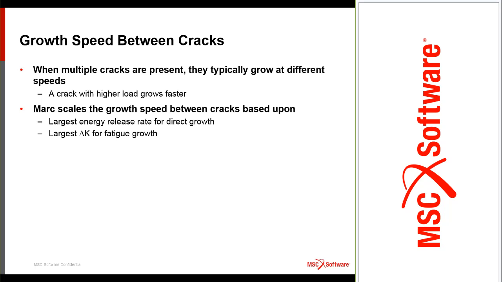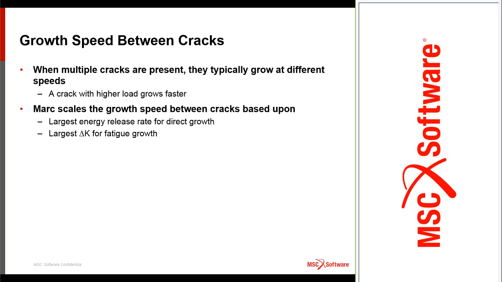And if you use direct growth, we use the largest current energy release rate for the scaling, because the growth in this case is instant. So as soon as you determine that some tips should grow, they will grow, and all the tips that will grow will be scaled for this.